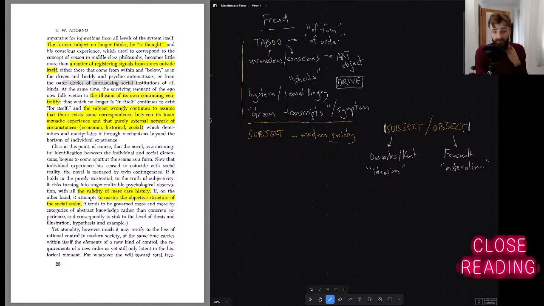And this far side of subjectivity has also come to be called things like postmodernity and relativism. Let's put relativism there. Everything is relative.